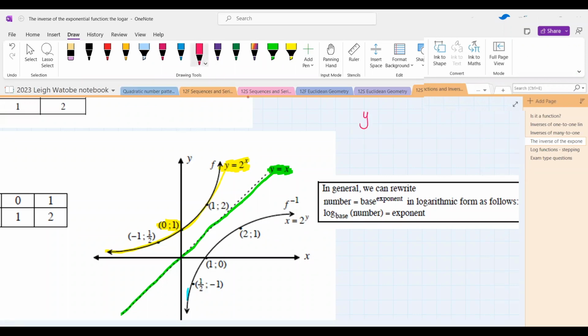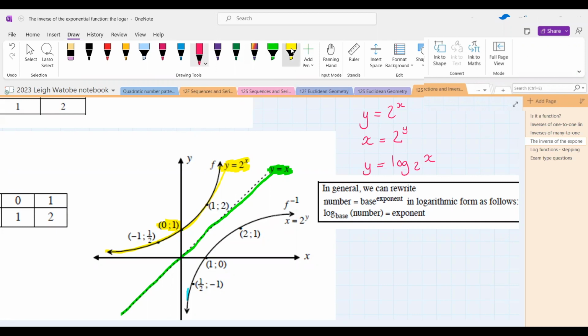I start with y equals 2 to the x. To do the inverse, I switch x and y, so now I've got x equals 2 to the power of y. I want to make y the subject, so I write y equals log, my base is 2 and my number was x. That is how we write the inverse.